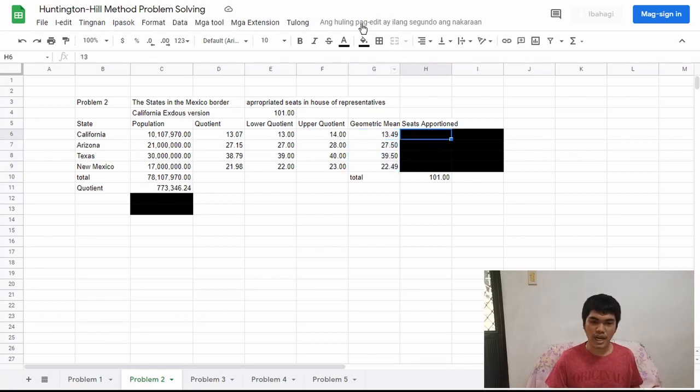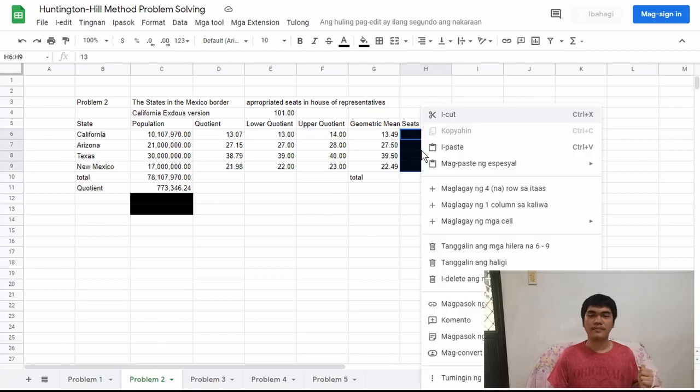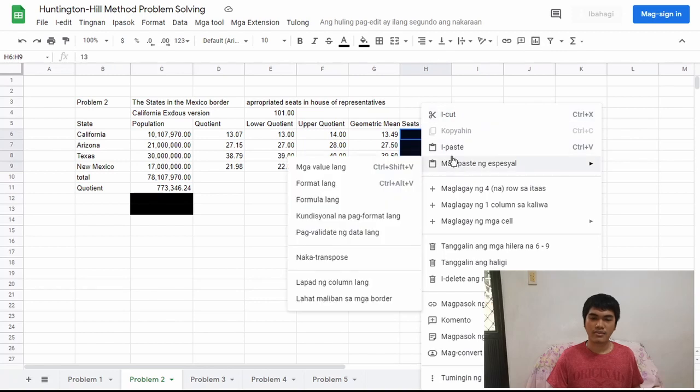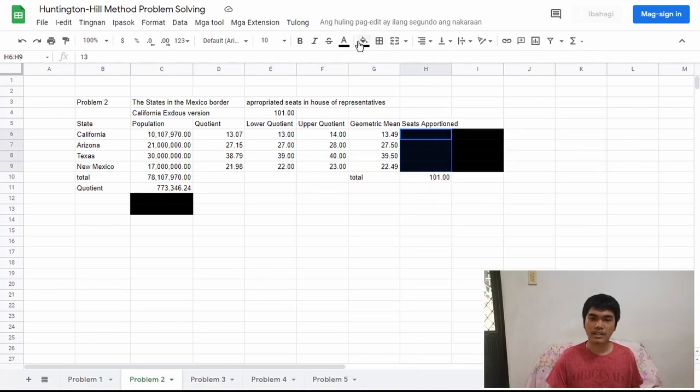So in the first one, we will see that the quotient is lower than the geometric mean. And you will examine all of that, and that will be this.